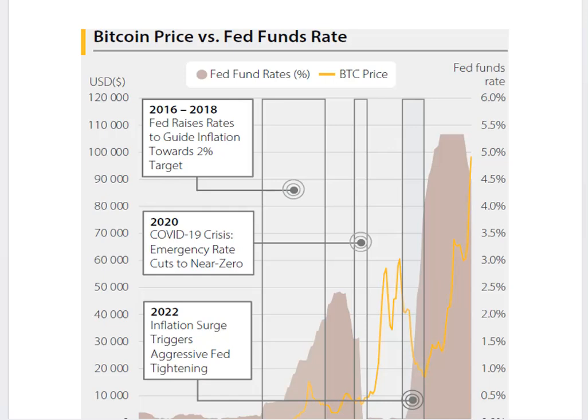Cryptocurrencies are no exception to this rule. In this figure, I have included a chart that shows the changes in Bitcoin's price and interest rates over a 15-year period.